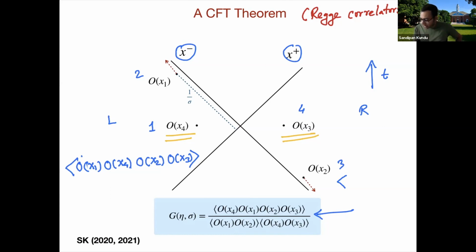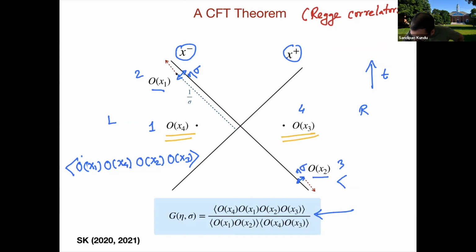Okay. So the Regge limit that I'm going to take is the following. I'm going to take the limit where the operators O at X1 and X2 are going to infinity and approaching the light cone of each other at the same rate. The way I'm going to implement that is, let's say this distance is eta times sigma, and similarly this distance is eta times sigma.